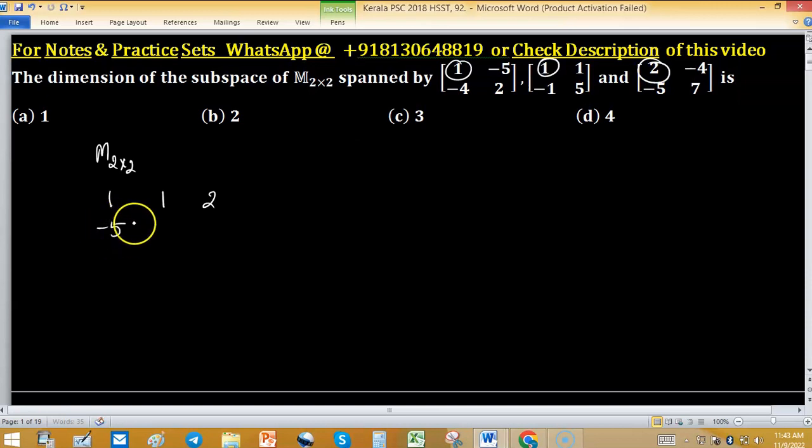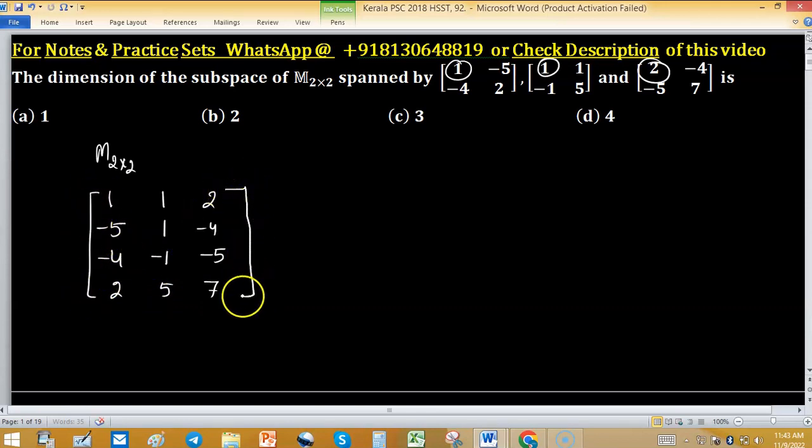Now minus 5 1 minus 4, second entry of the first row, and the third is minus 4 minus 1 minus 5, and the last 2 5 7. Now apply elementary row operations and try to find out how many rows contain pivot elements.